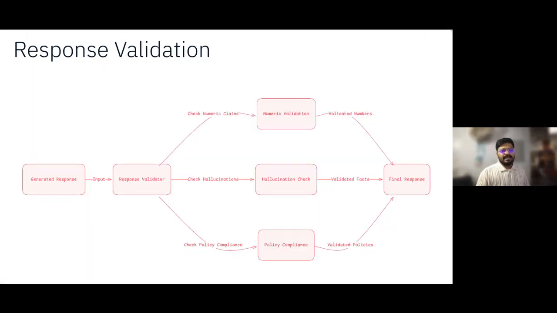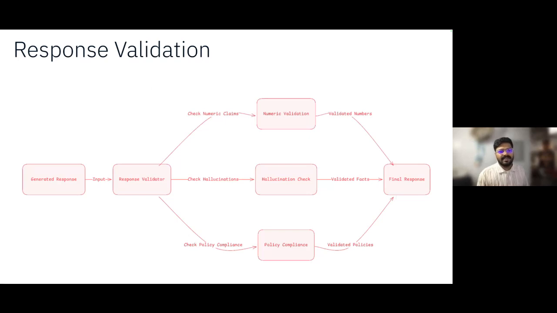As I said, the last step would be the response validator. The response validator is where we check that there is no difference between the numbers that the LLM provides and the actual amount of product that is there.